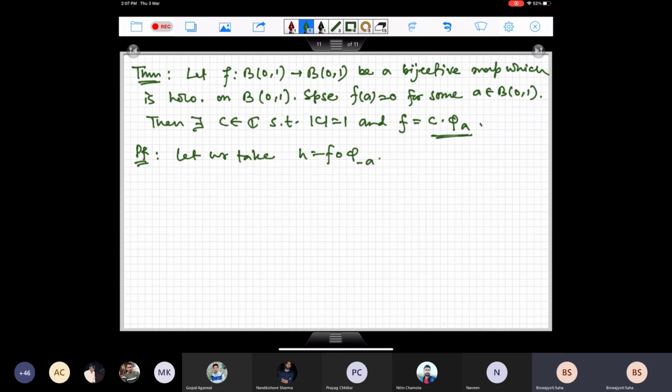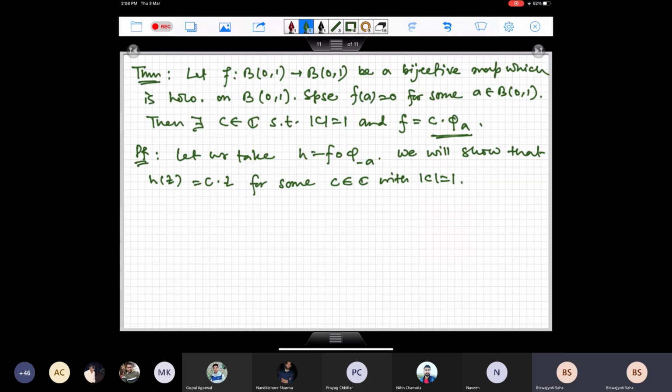So I'm taking this function, and we will show that h of z is equal to c times z for some c in C with mod C equal to 1.